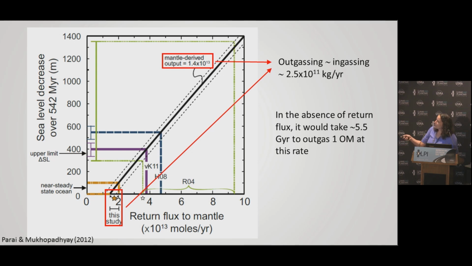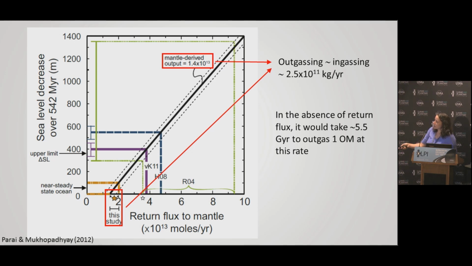And they have found a value for the mantle output of water. This is from looking at the rate of ocean floor creation, and you can estimate the amount of water that is being put into the surface through the creation of ocean crust. And so you get this rate for water coming out of the mantle.